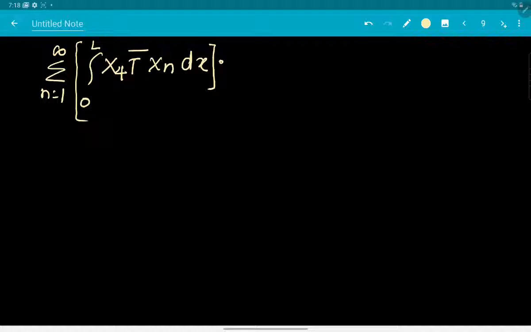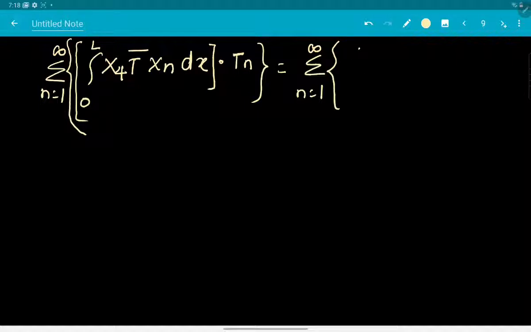Inside this summation itself, I have this Tn term. This needs to be equal to integration from n to infinity. Then I have this term.